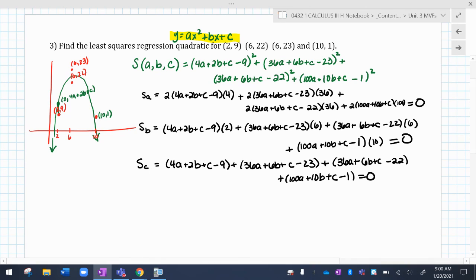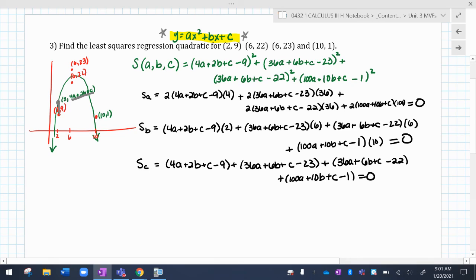So when I plot my points and then plot the points that are directly above or below them, like 2, 9 has the point 2 comma something above it, the y coordinate on the parabola would be what I get when I plug 2 into the standard form of a parabola. So if I plug 2 in for x, I get 4a plus 2b plus c, which is why this says 4a plus 2b plus c.